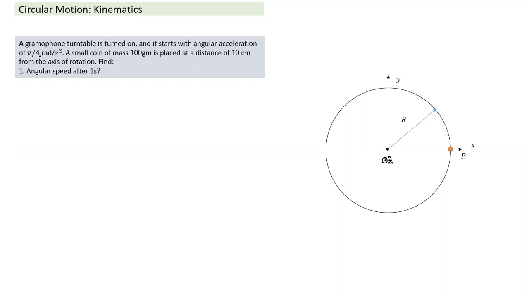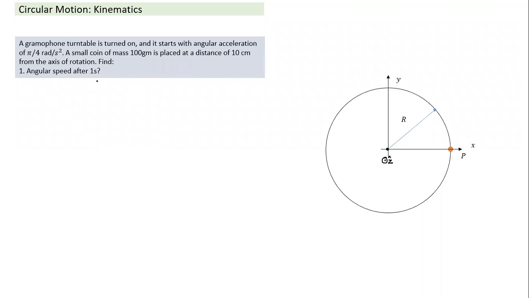After 1 second it becomes pi by 4 radian per second, after 2 seconds pi by 2, after 3 seconds 3 pi by 4, and so on. This indicates the rate at which angular velocity is changing, and you need to have a sense of angular velocity. If I say angular velocity is 8 pi radian per second, it is equivalent to completing 4 rotations in a second. So you should have some sense of what angular velocity implies.